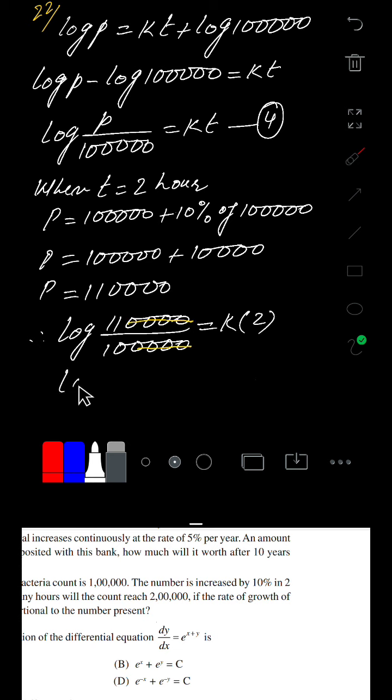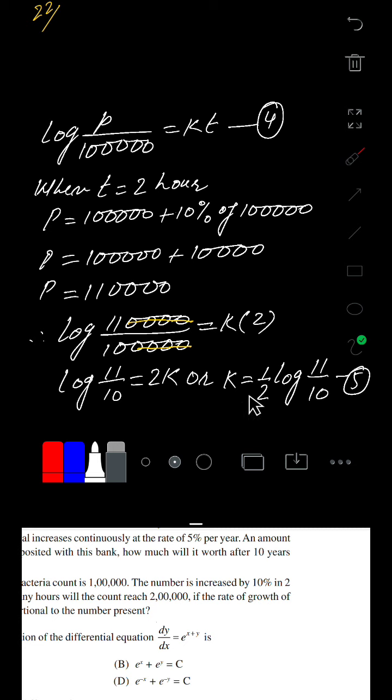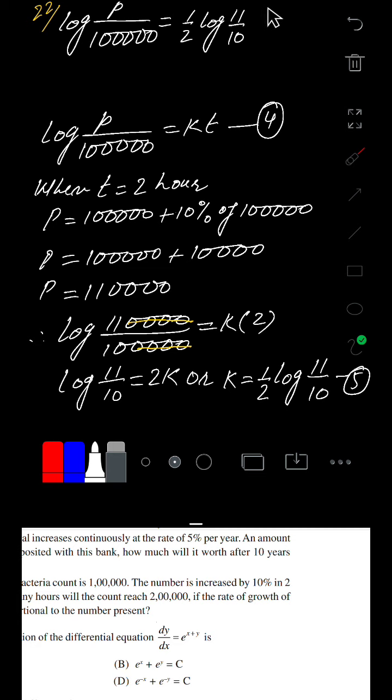We get log 11 upon 10 is equal to 2k, or k is equal to 1 upon 2 log 11 upon 10. Now from equation number 5, putting the value of k in equation number 4, we get log P upon 1 lakh is equal to half log 11 upon 10 into t.